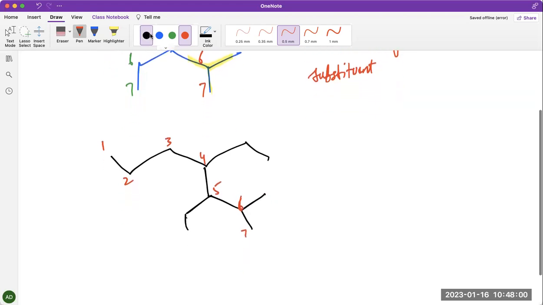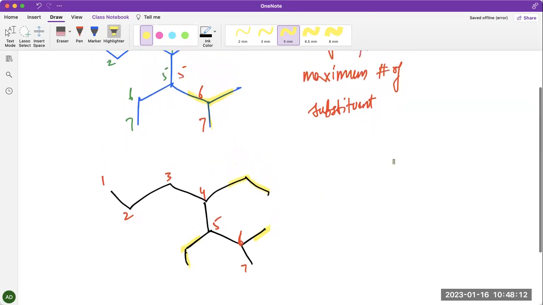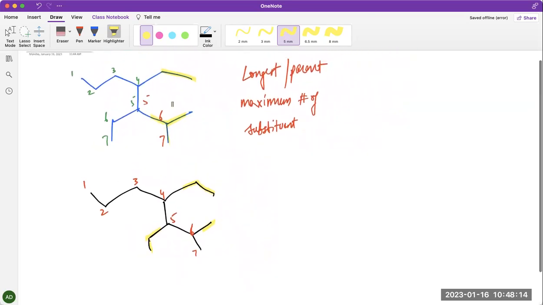If I go this way, this gives me how many substituents? This is one substituent, this is a substituent, and this is a substituent. Okay, so I have 3 substituents. So the green numbering, if I make that my parent chain, I have 2 substituents. If I make this red one my main chain, then I have 3 substituents.